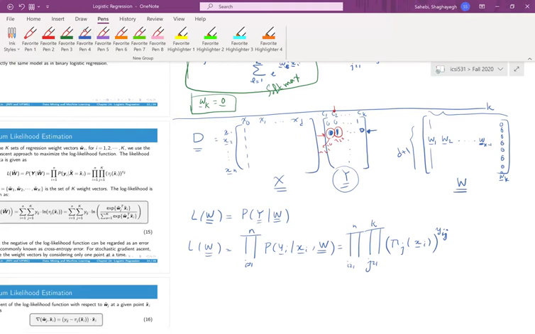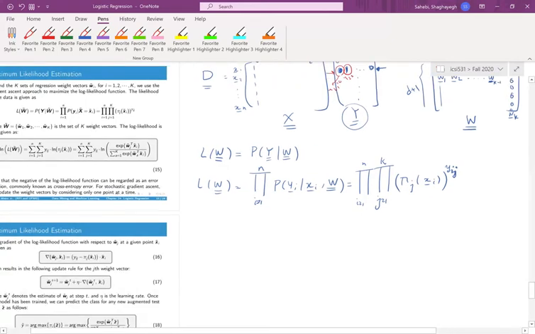So exactly like logistic regression, when we take pj to the power of yij, if it is 0, this is going to be equal to 1, so it doesn't have any effect in the multiplication. But if yij is equal to 1, we are going to get exactly the probability that xi belongs to class j. Okay, so this is our likelihood of our observed data given the parameters W.